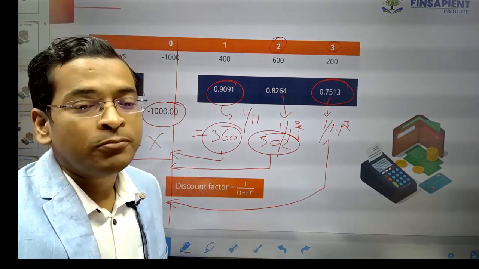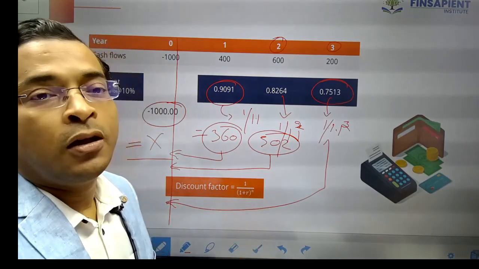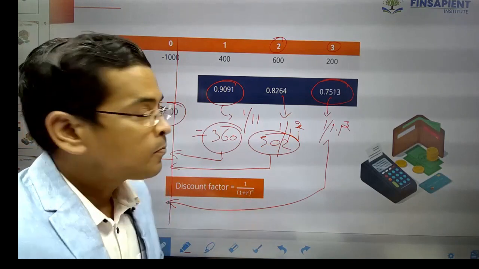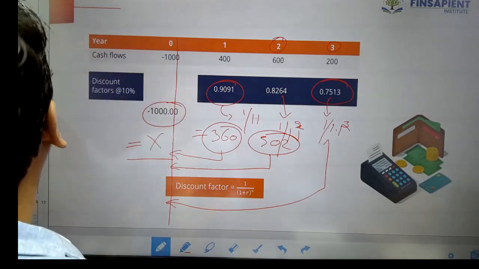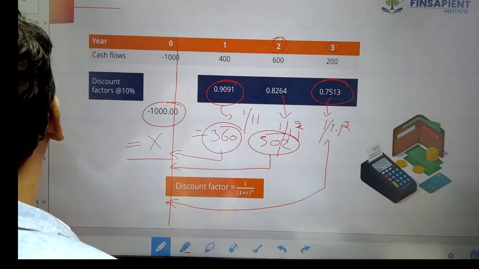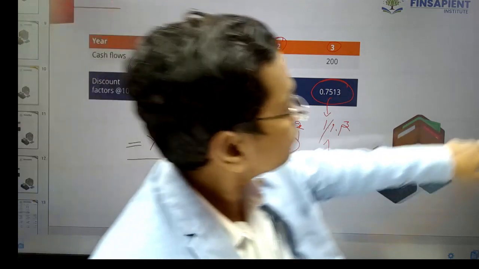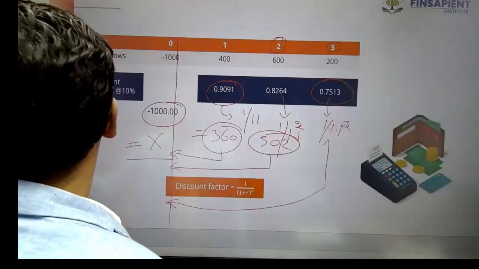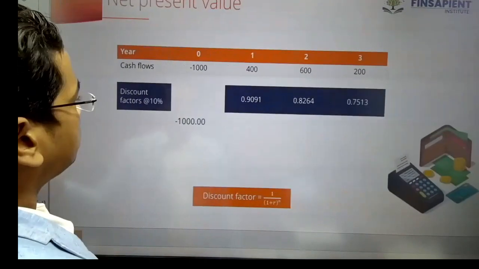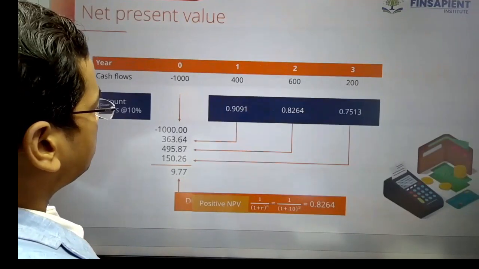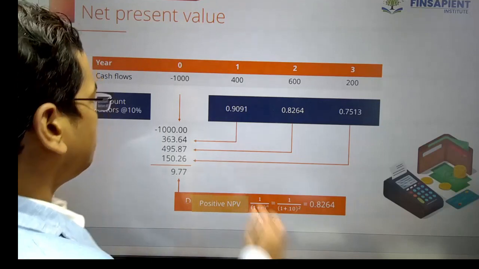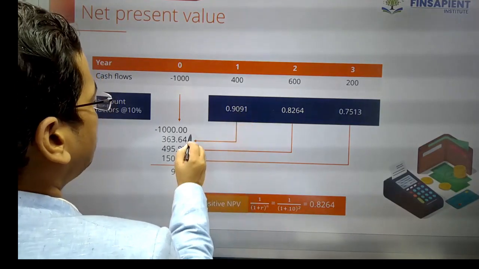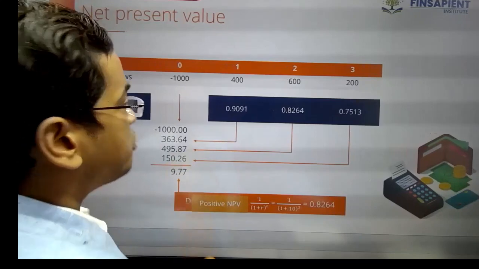If it is more than 0, good news, because the project or the business has made money. So let's see the number. Interesting. So this 0.9091 becomes 363.